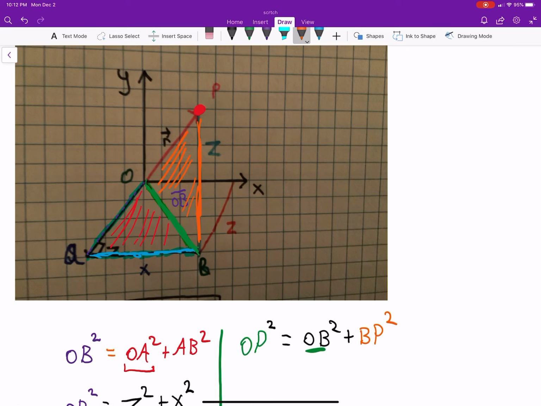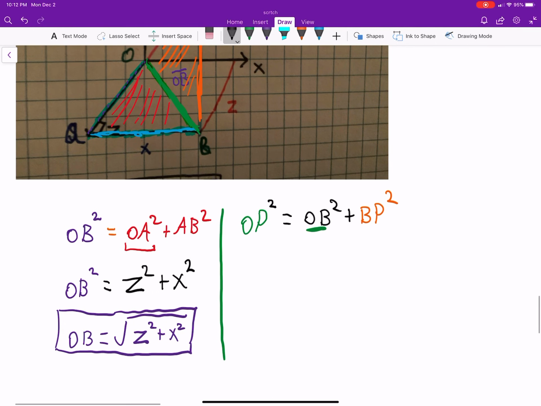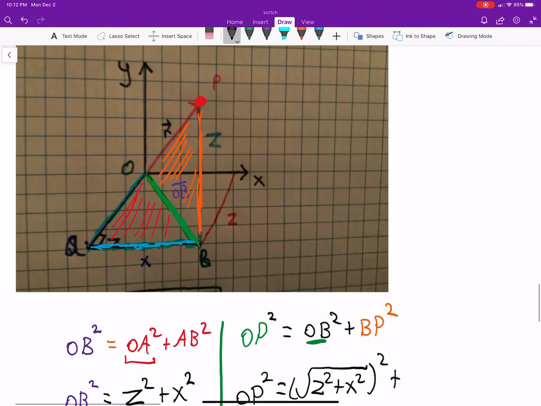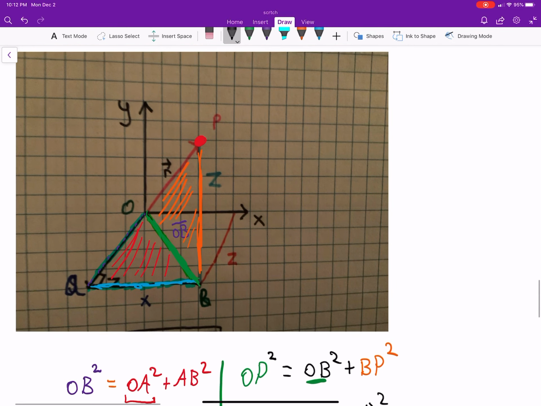But we just solved for OB, so we can substitute that in. OB squared is just the square root of z squared plus x squared, plus what? Well, BP squared. What does this line here represent? That represents how high up or how far down vertically point P is, because y is our up and down axis.